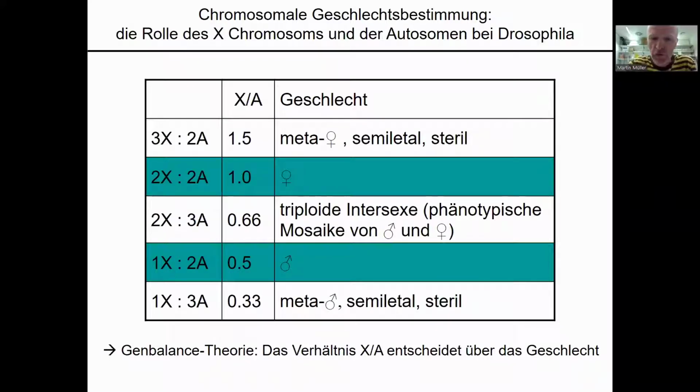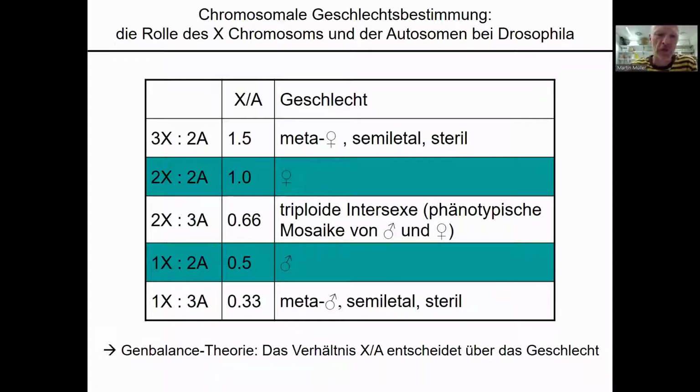And people have looked at that in great detail, and that is summarized here in this table. And you can see that the ratio of X to A can be varied in the fly and gives you different types of phenotypes.